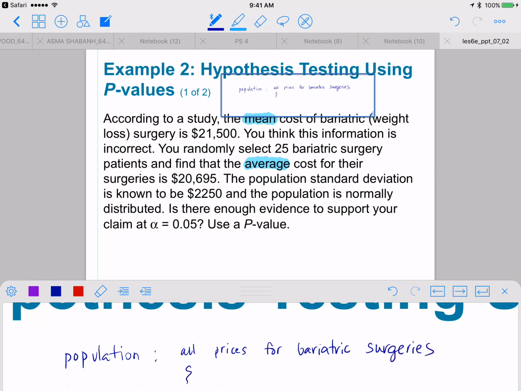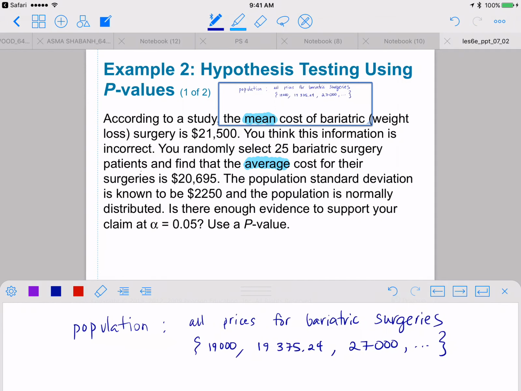Okay, so maybe $19,000 is one price tag, maybe $19,375.24 is another price tag. Maybe $27,000 is another price tag, right? So all of the possible price tags, all the possible costs for bariatric surgeries is our population.